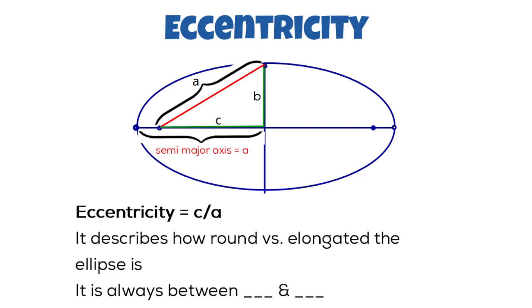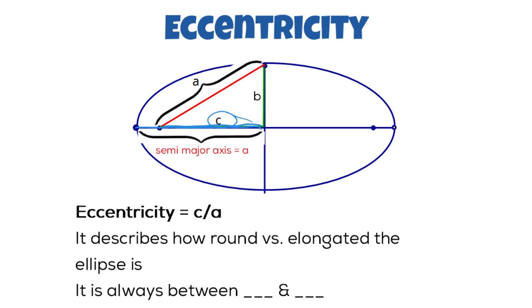So that would be this distance to the focus right here. That's your C. And A is your semi-major axis, or it's the hypotenuse of the right triangle we drew. Those are both A. But ultimately, they think of it as the semi-major. So what we're comparing here is how far out is that focus versus all the way to the edge.